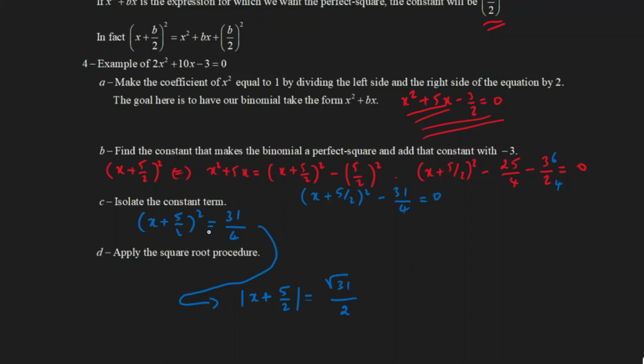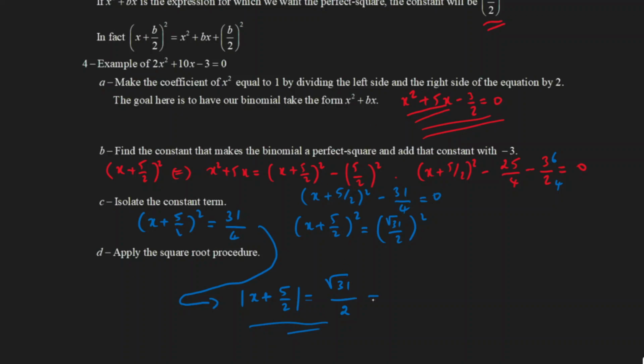In fact, in the square root procedure, you have this form equal to square root of 31 divided by 2, all squared. So that's why we are able to do this.